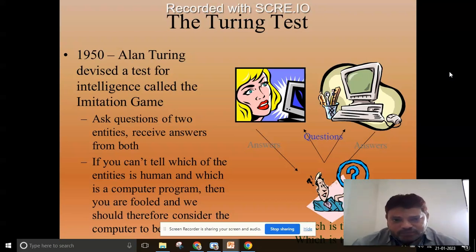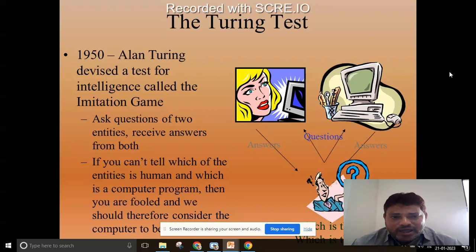Then the interrogator needs to identify which is the machine and which is the human. The real test is that if the interrogator is able to find the compartment where the machine is, that means the AI machine has failed to pass the Turing test.